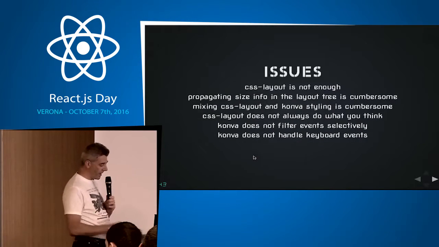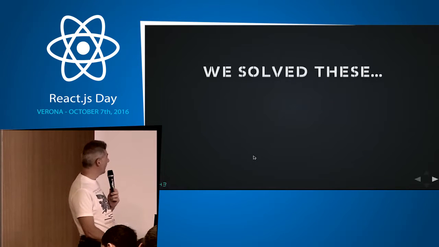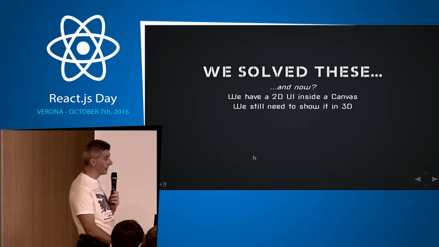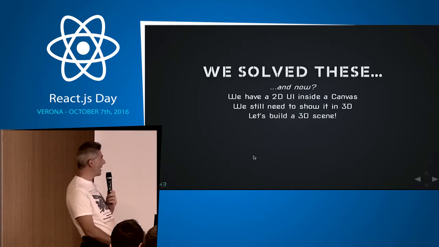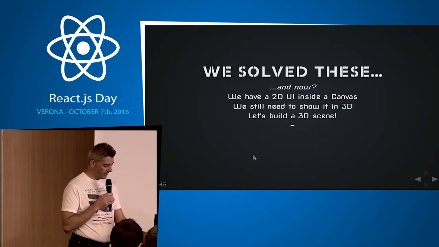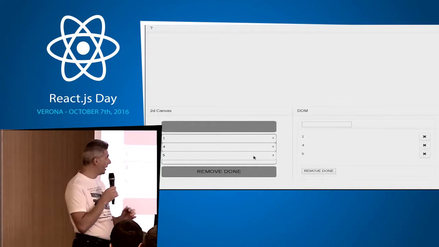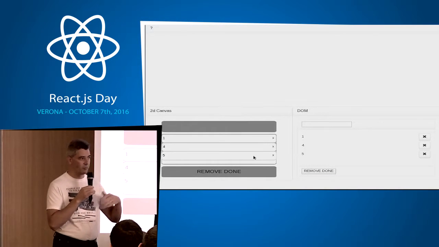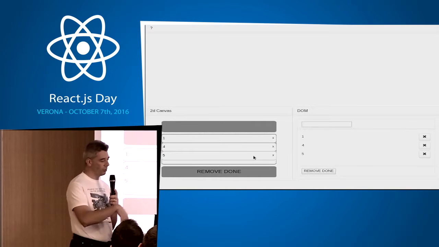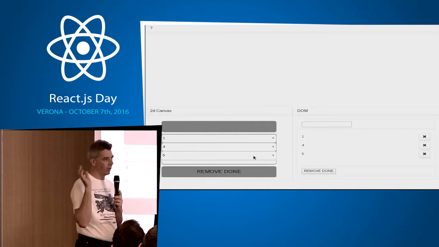So, okay, we did it. And now we have a 2D UI inside a canvas. We still want to show it in 3D. That was the goal. So we must have a 3D scene. And 3D scene means I picked Babylon as a 3D framework. And essentially what I did was, I'm not going to show you the code of Babylon because it's long, it's messy.